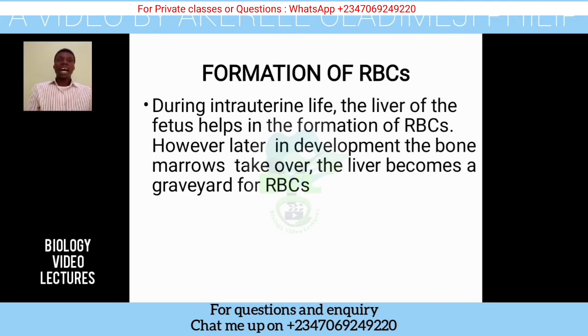However, later in development, in the last trimester, the 7th, 8th and 9th months, the bone marrow of the child becomes the site for production of red blood cells. However, the liver then becomes the one that will destroy red blood cells later on.